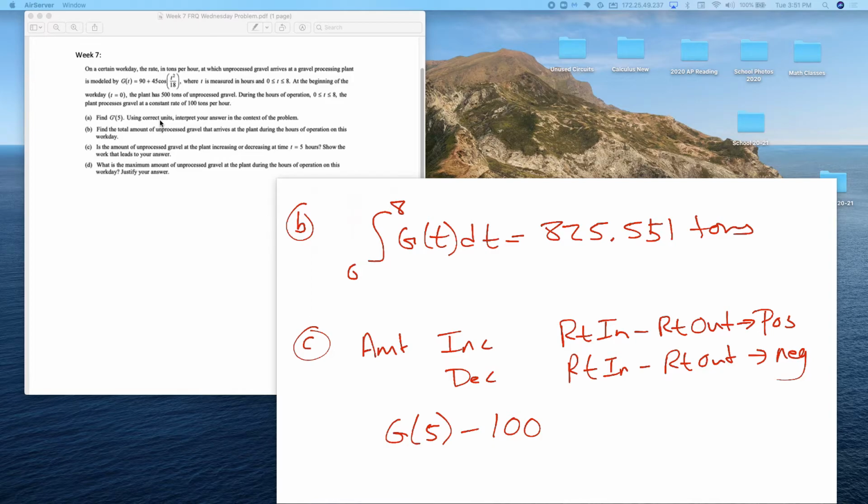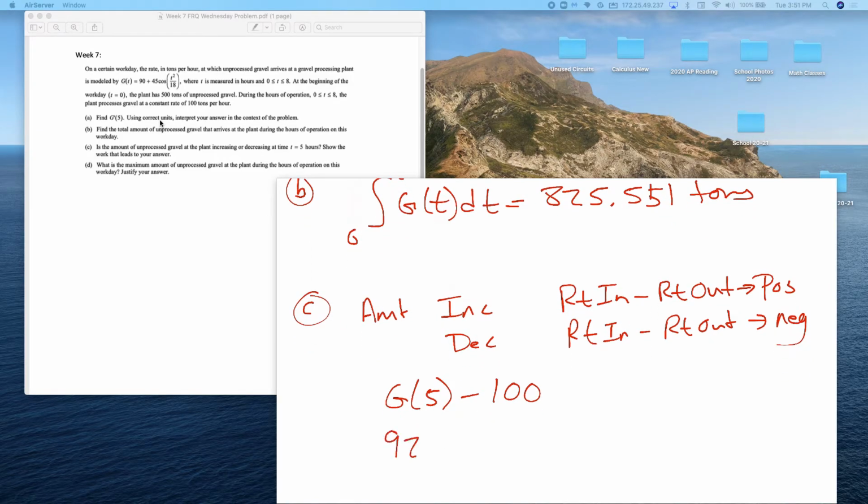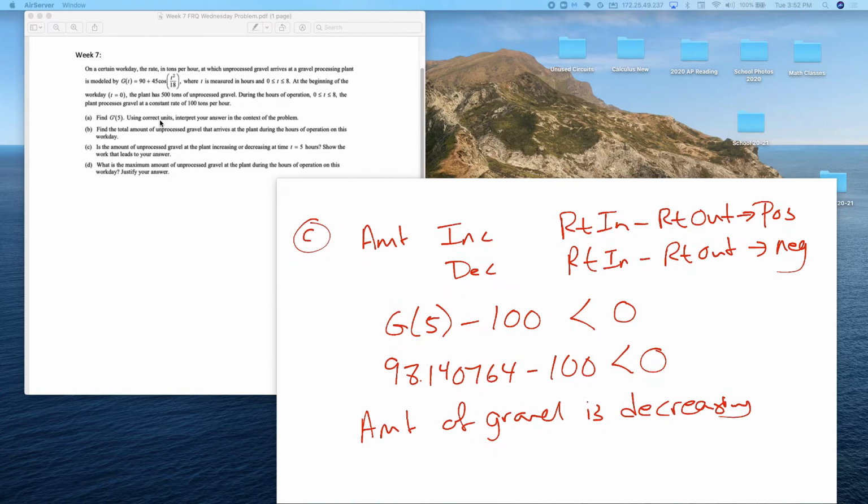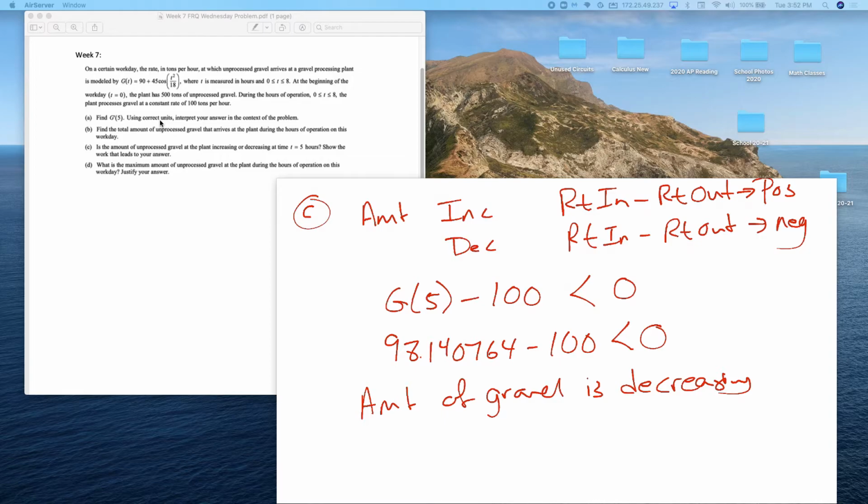If we find out G of 5 minus 100, which is like 98.140764 minus 100, since that is less than 0, we know the amount of gravel is decreasing at t equals 5.